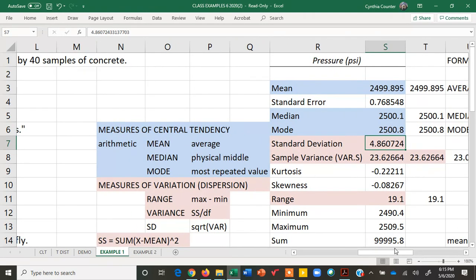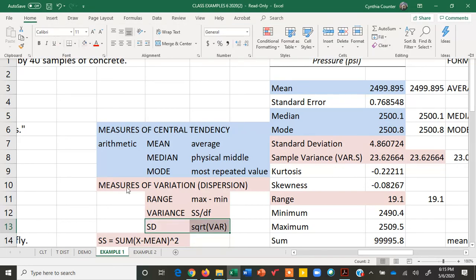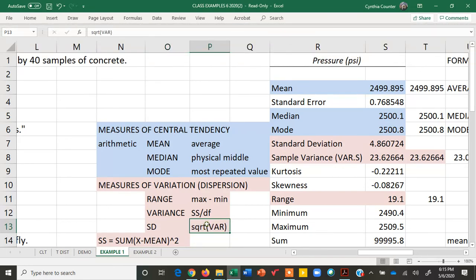So what do we do to get back to our original units? Well, what would you think? You do the inverse of squaring by taking a square root. So we take the square root of the variance to get the standard deviation, and that's this right here. I'll go ahead and show you that.